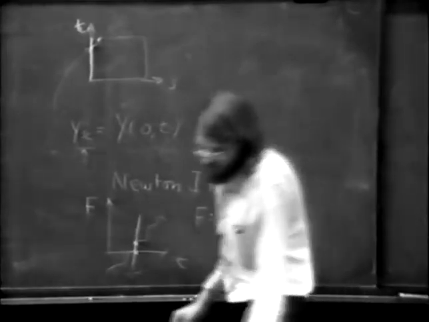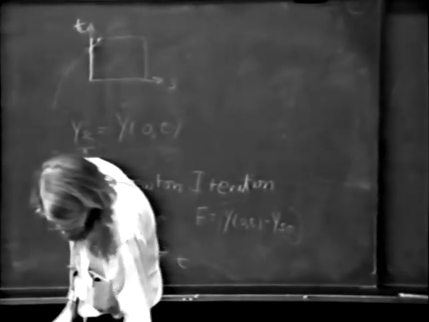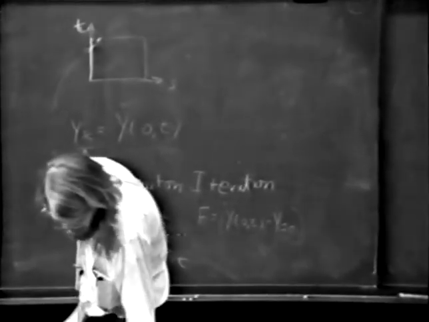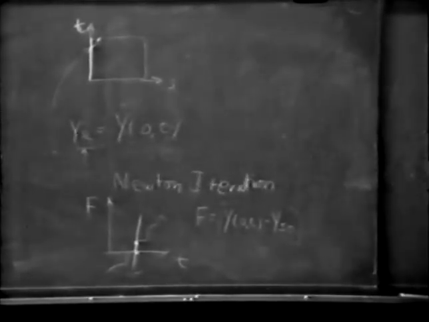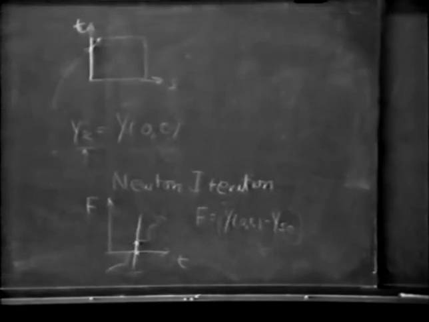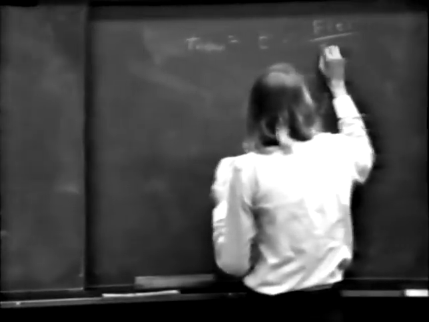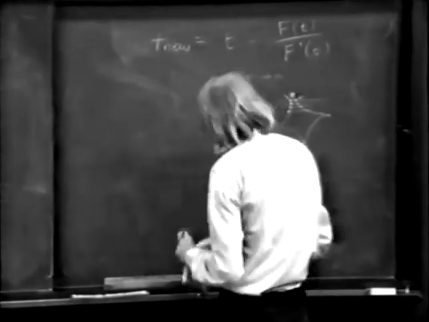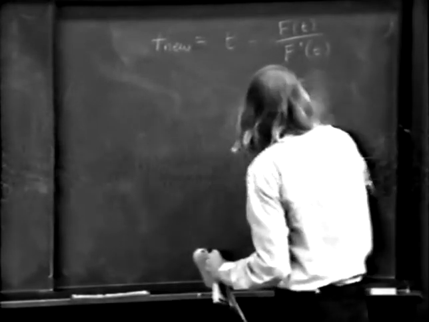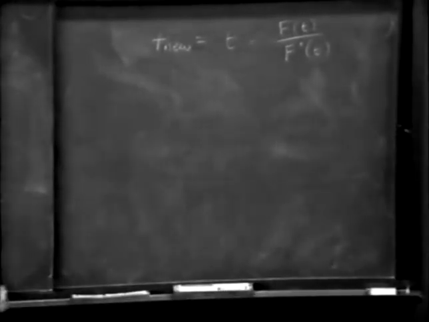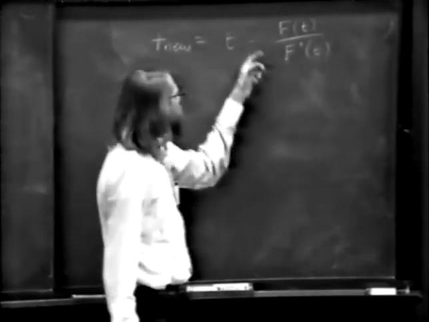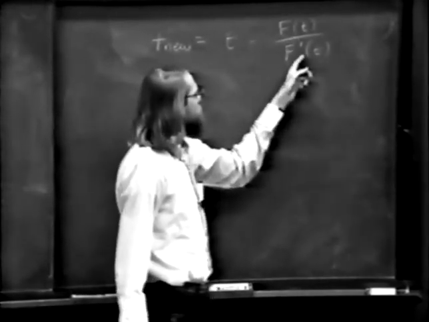Let me make sure I don't get this botched up. At each step in the iteration, the new value of t is equal to t minus f of t over f prime of t.